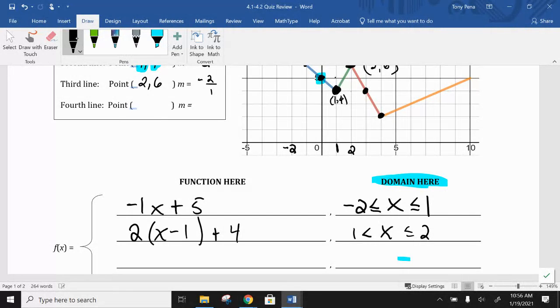And make sure not only do you write the equation, but you write the domain on the right-hand side.